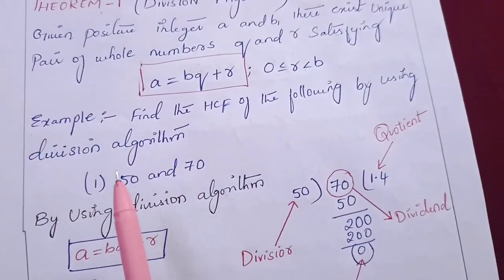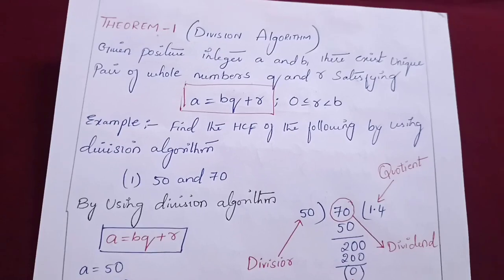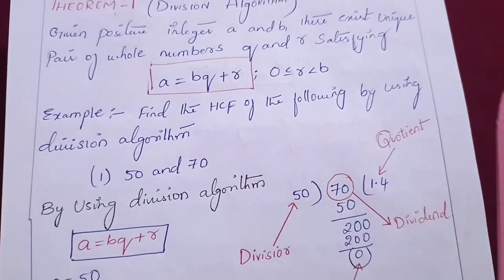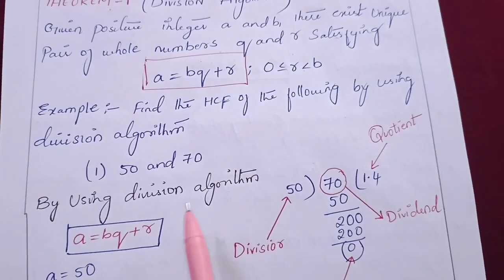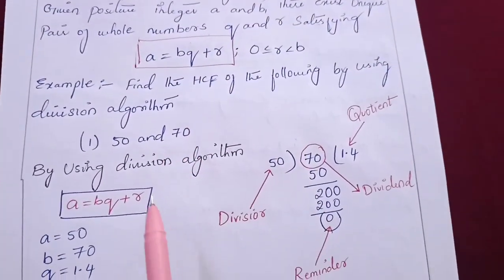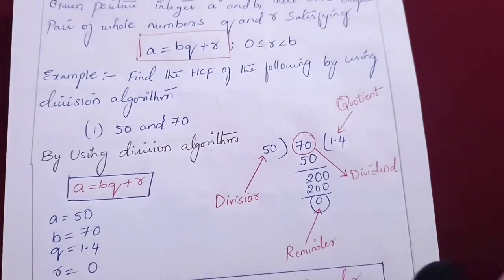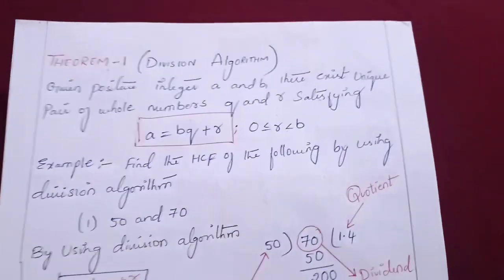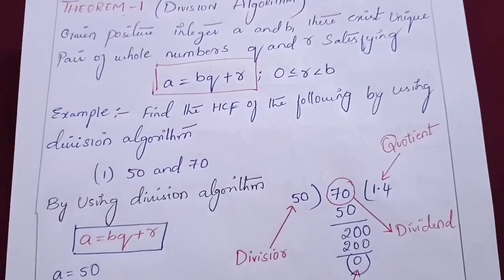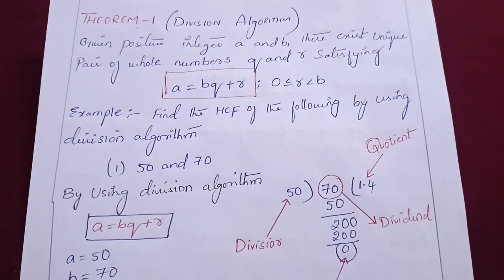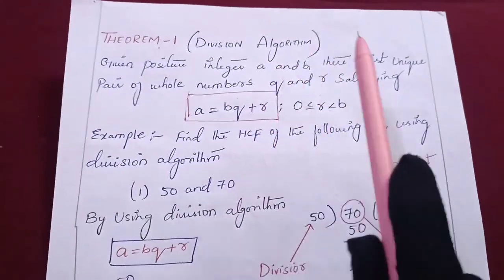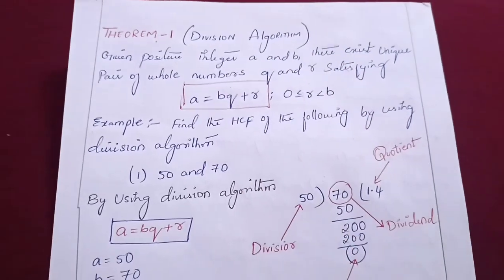For example, they will give this type of question: find the HCF of the following by using the division algorithm. They will give two positive integers a and b, and by using this formula we have to find the HCF. If they say only find the HCF by using the division algorithm, then on hearing the name division algorithm, you simply have to do the division.